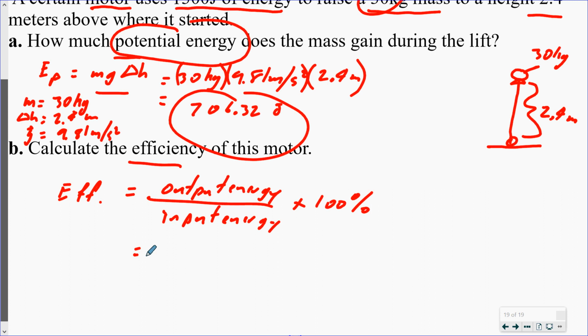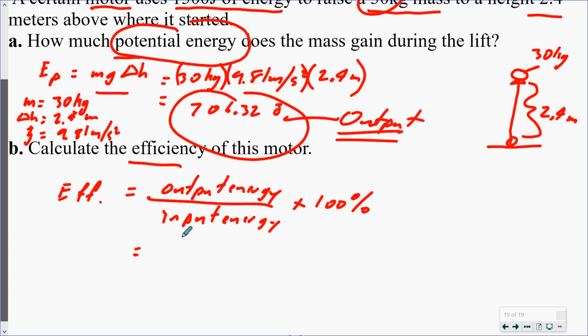Output. How much energy did we get out? Well, the energy that we got out was the energy that we got from raising this 30 kilograms up 2.4 meters. So this here is our output energy. Make sure you understand that and read it carefully.